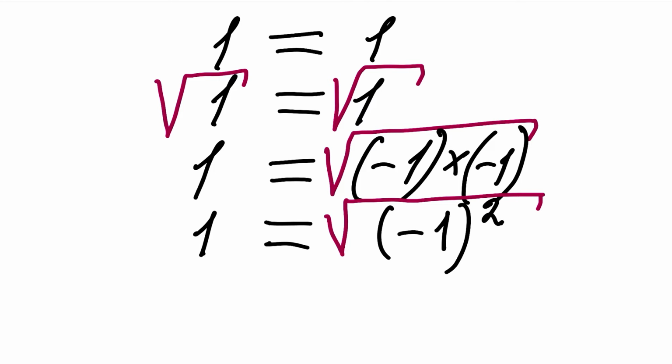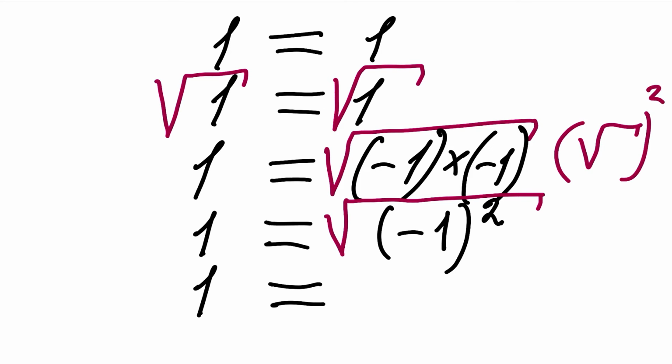Now, I'm going to just again keep my left hand side as is. So it's going to be just 1. Keep this equality sign, drop it down. And now I'm just simply going to remove the square root and the square power. So remember that taking a square root and squaring, they are inverse operations of each other.